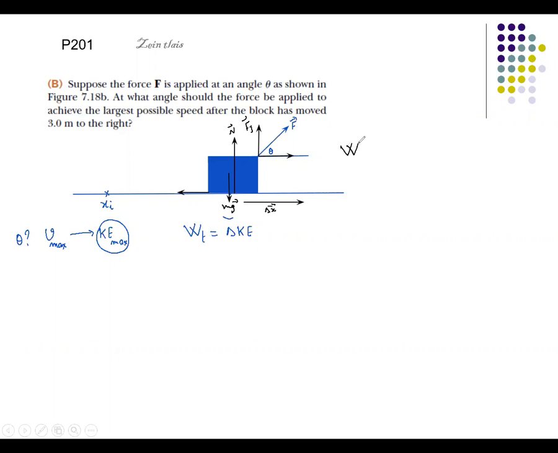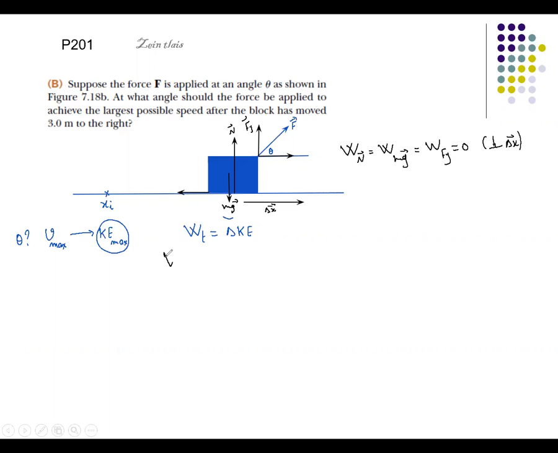So the work done by N and Mg and Fy equals 0 because they are perpendicular to the displacement.